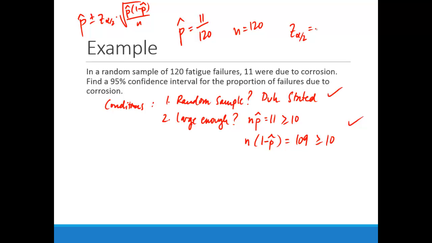What's my alpha in this case if I want a 95% confidence interval? Alpha is then 0.05, right? So this is z sub 0.025. And if you look back earlier in your notes, this is 1.96. So for a 95% confidence interval, my z sub alpha over 2 is 1.96.